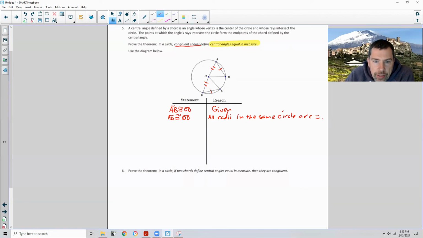Okay, so now I have this side is congruent to this side, and I can also say BO is congruent to CO, for the same reason as this. Okay, so now I can say triangle DOC is congruent to triangle AOB by side, side, side.